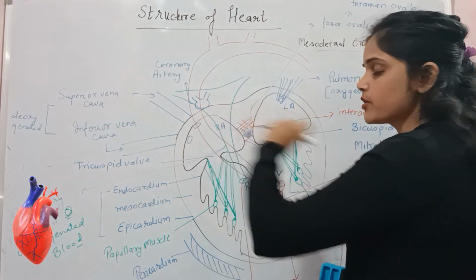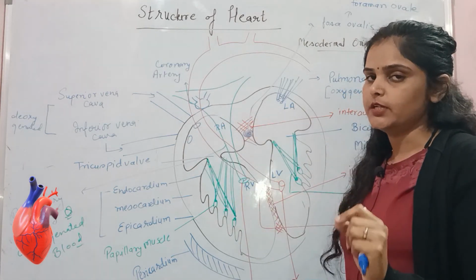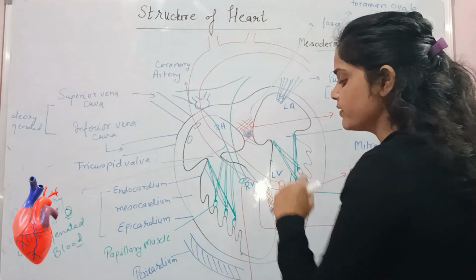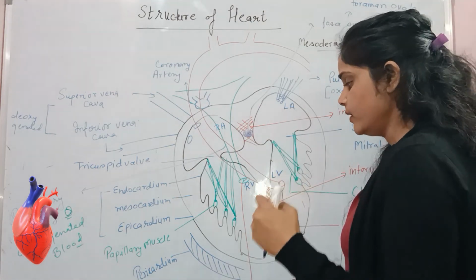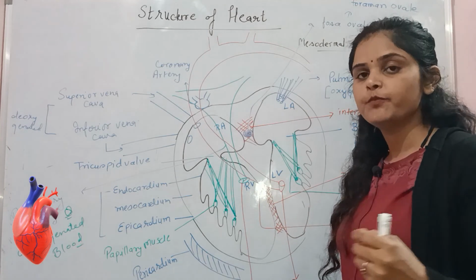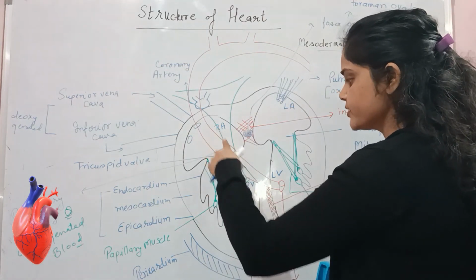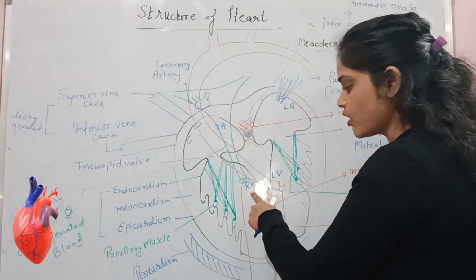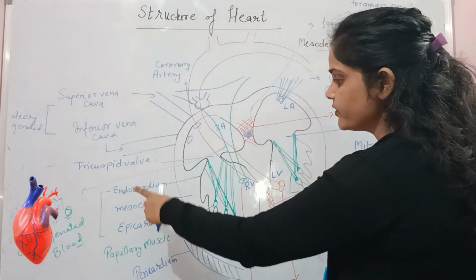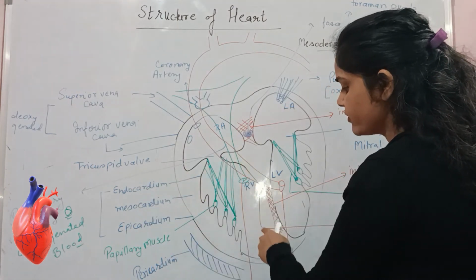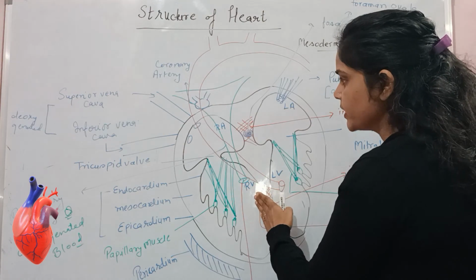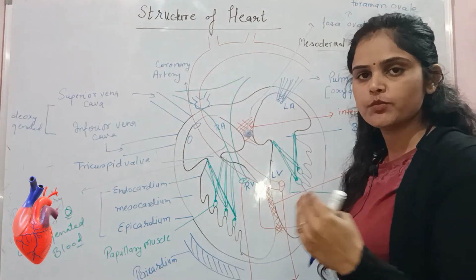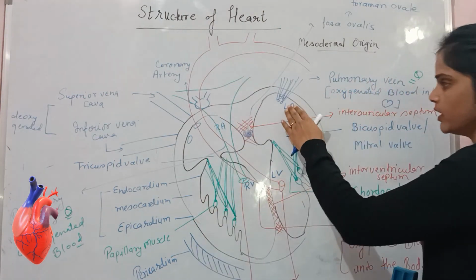So this right atrium is receiving all the deoxygenated blood from the body. It also has the right ventricle. This right ventricle receives deoxygenated blood from the right atrium, and from this right ventricle the artery known as the pulmonary artery takes this deoxygenated blood for the purification process, okay.